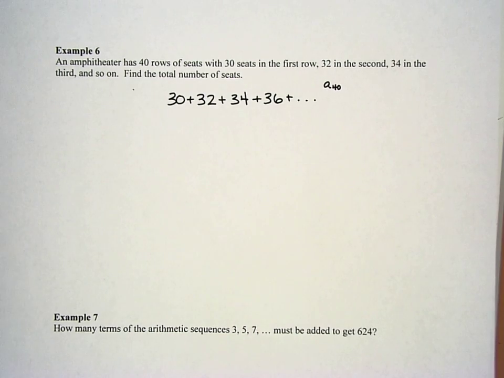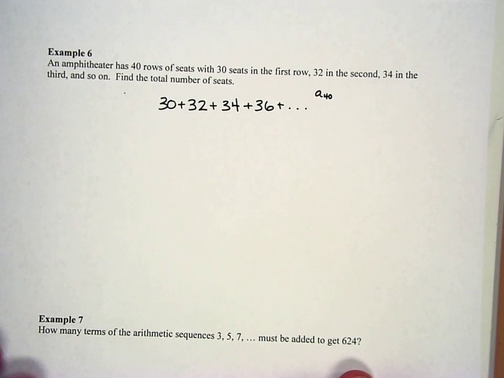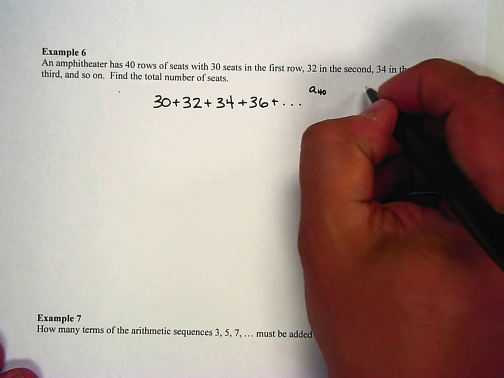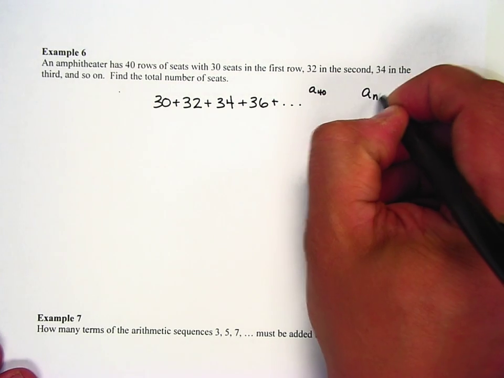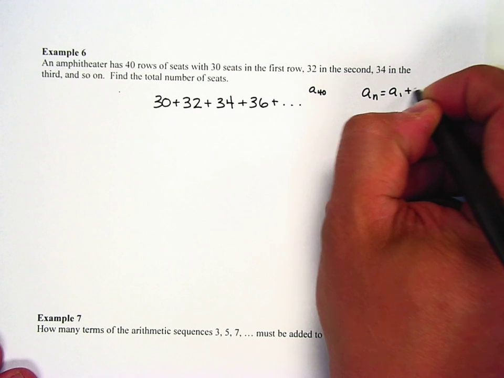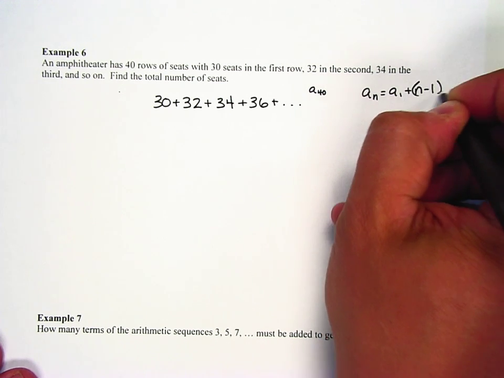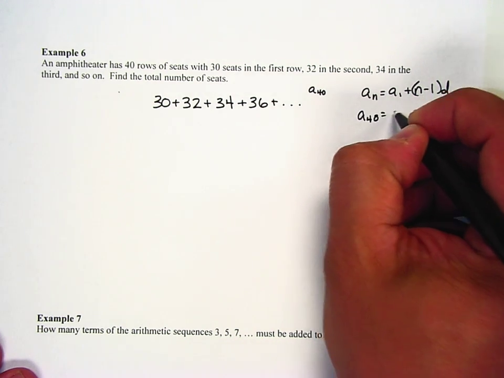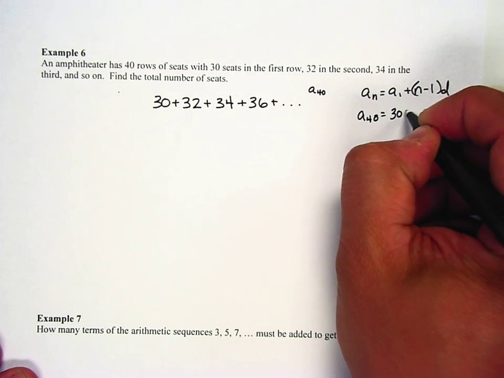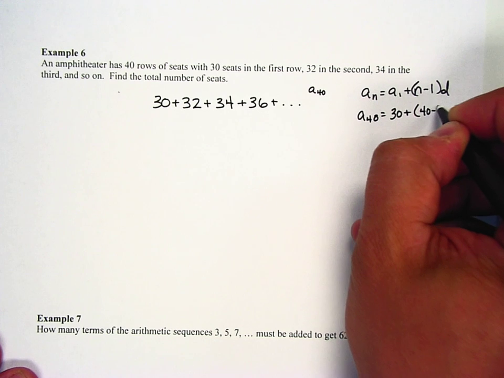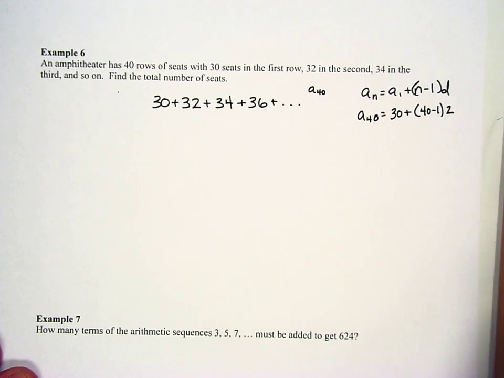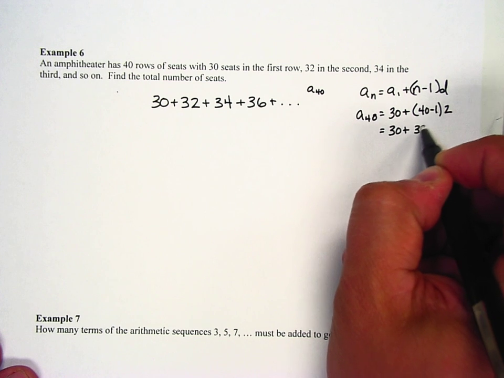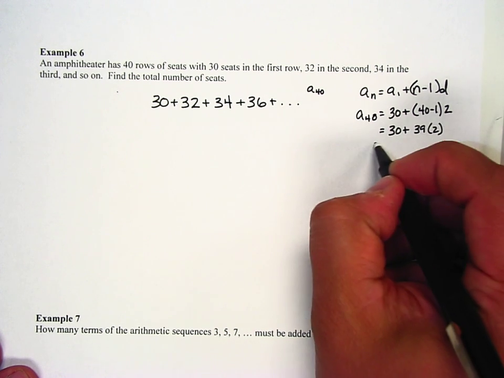Now this one I'm going to take a slightly different approach because I could easily ask you how many seats are in the 40th row. If that's the case, I'm going to use a sub n equals a sub 1 plus n minus 1 times d. So a sub 40 equals 30 plus 40 minus 1 times 2, because they go up by 2's each time. 30 plus 39 times 2.